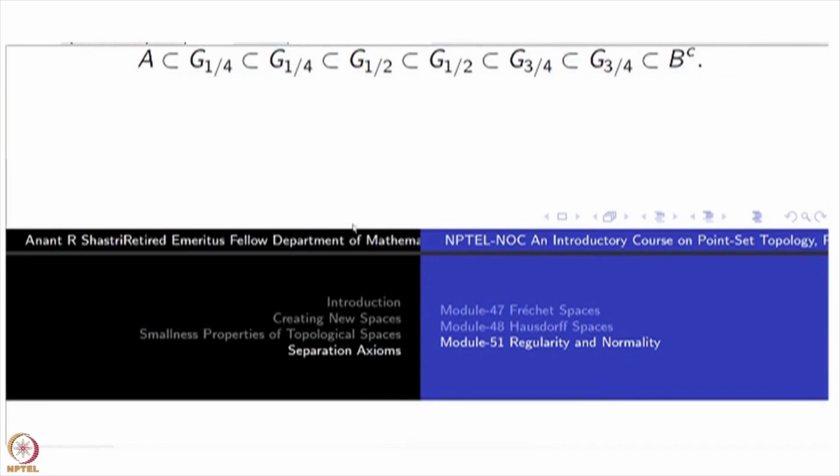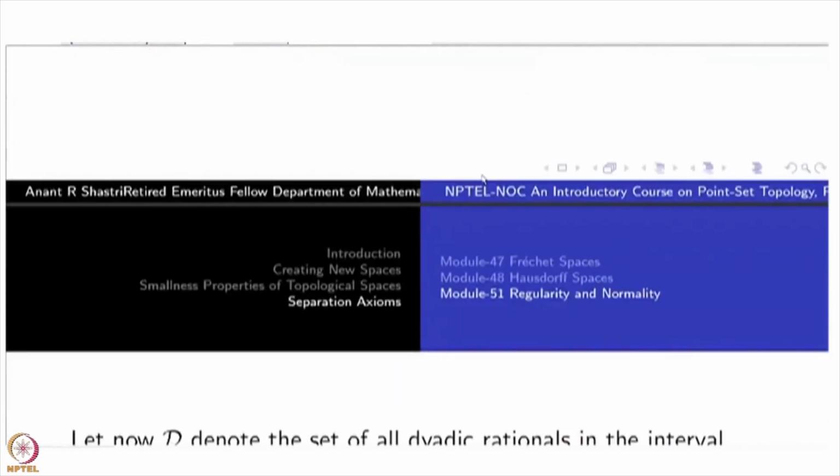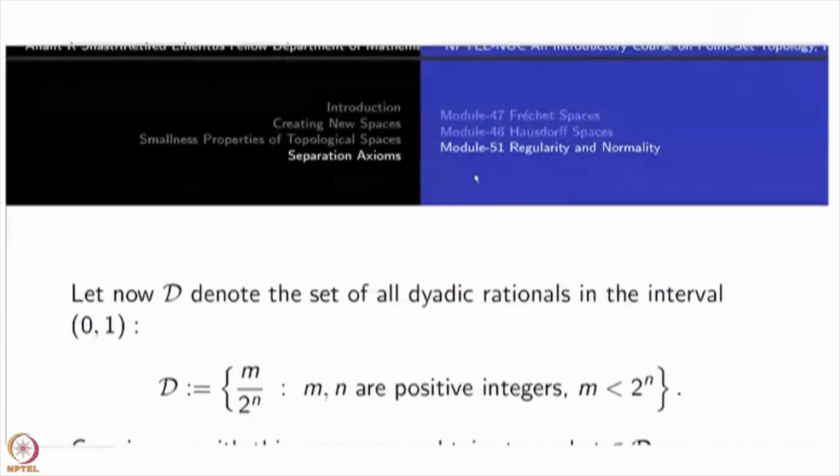Next step will be an open subset between A and G half, in G1/4, and one on this side also, everywhere in between. G1/4 is open, G half is closed, and B complement is open. So between them, I can put one more open set and so on. So go on squeezing open subsets in between.